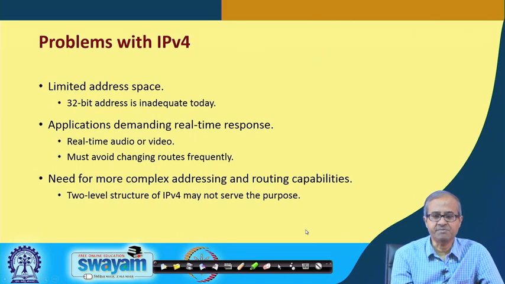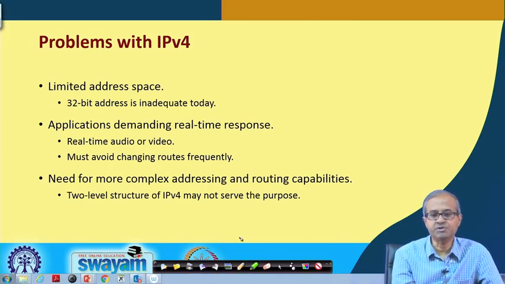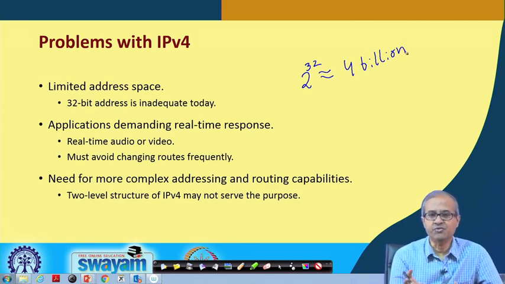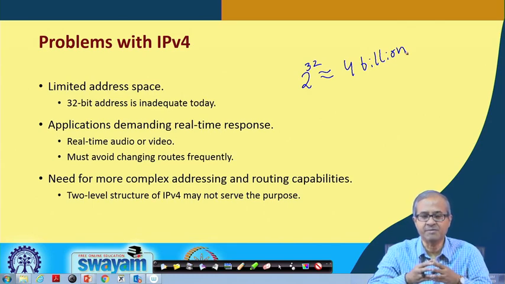Now, problems with IP version 4 are as follows. The first and most important problem is that we are using 32-bit IP addresses. 2 to the power 32 is how much? Close to 4 billion. But with the huge proliferation of devices getting connected to the internet today, we are in an age where we are talking about the Internet of Things.